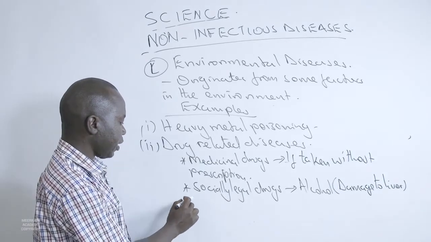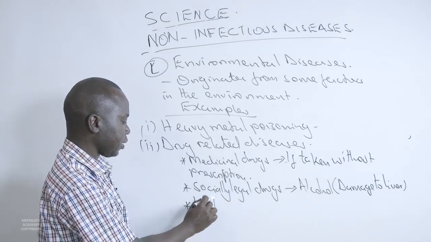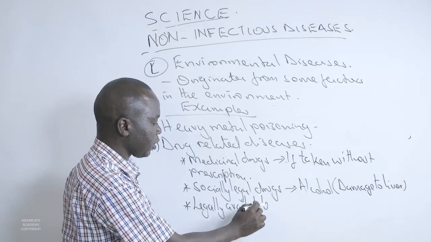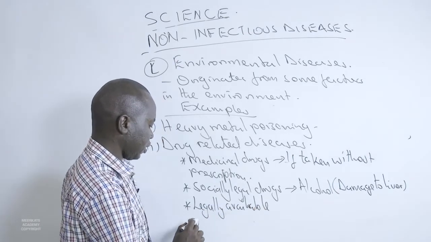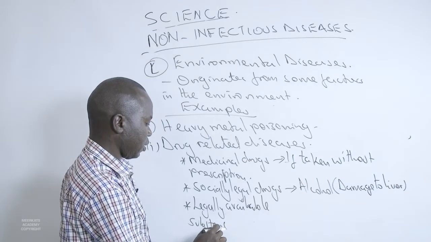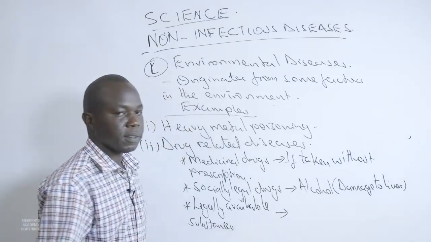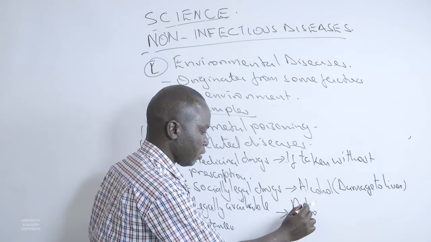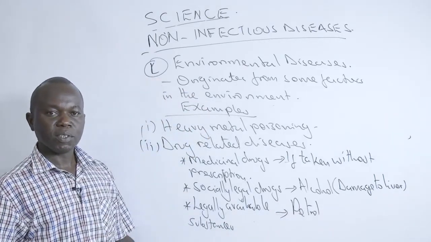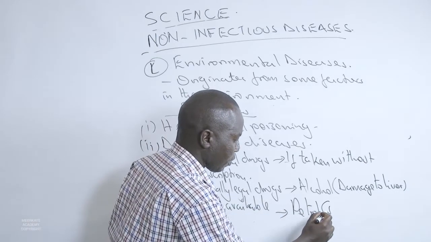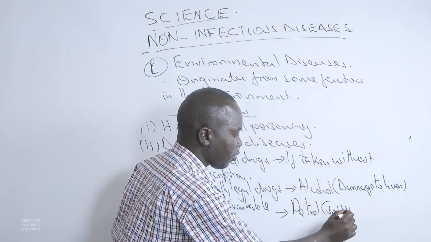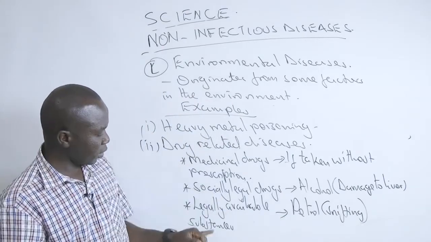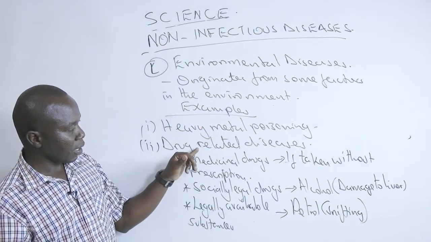And then sometimes legally available substances that are abused substances. For instance, petrol sniffing. This is very common with street boys. Petrol is a chemical.